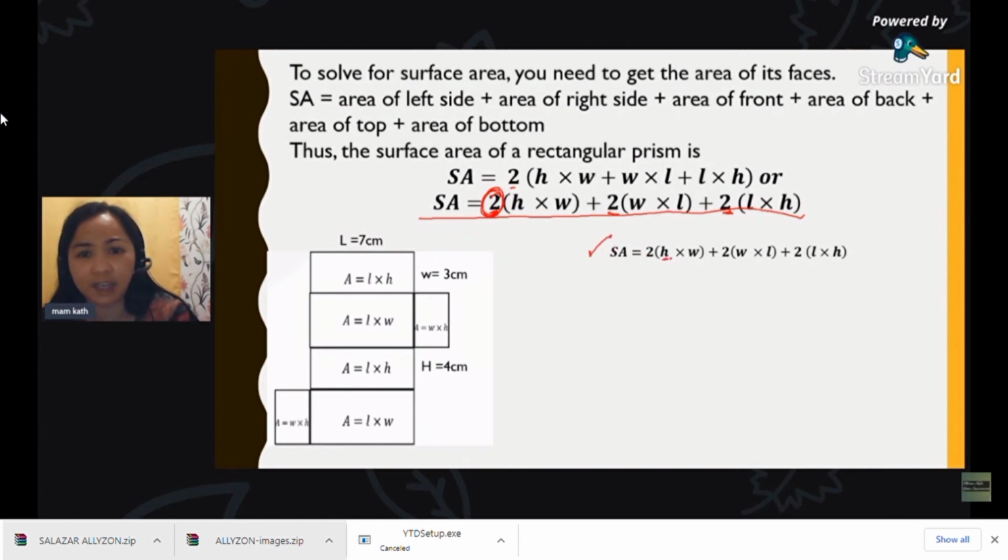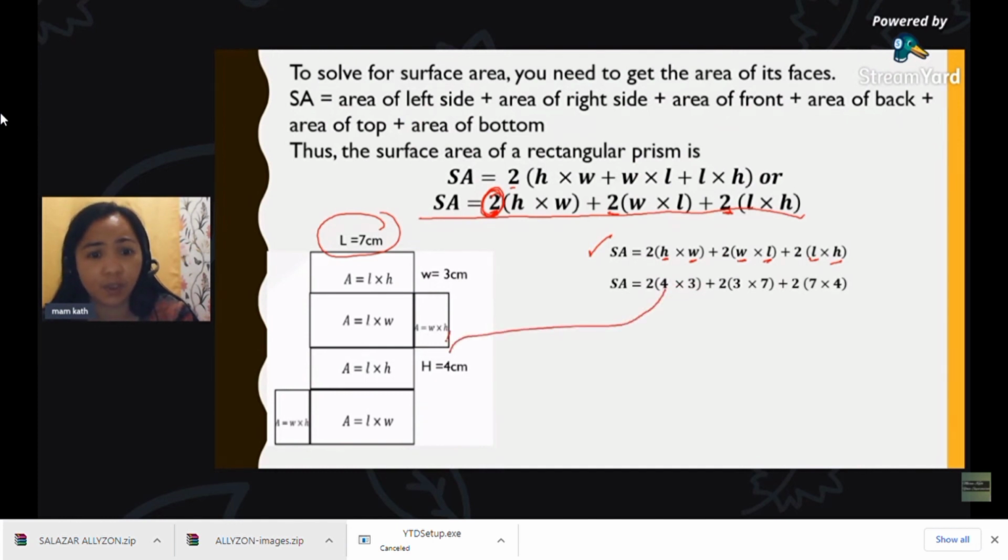Ngayon, papalitan natin tong mga to ng value nila dito. So we have here 2 times 4 times 3. Saan galing yung 4? We have here height. At yung 3, we have here width. And then we have here 3 again, width. And 7 represents the length.